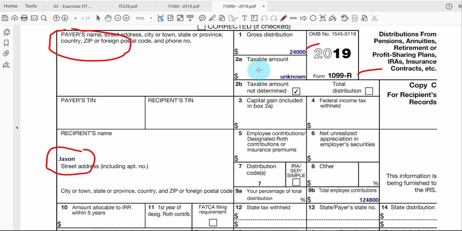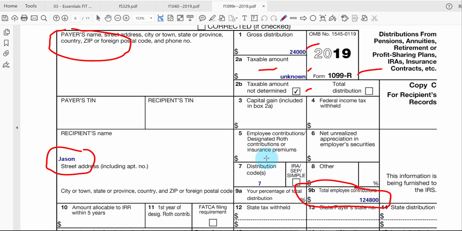Most times you'll see the taxable amount calculated for us, so we don't need to go through the formula we're doing now. But if it's not given, unknown, this box will be checked off. You also need to look over here in box 9B, which shows you how much was contributed by the employee over their work life that they may recover tax-free. So we were given this amount in the problem.